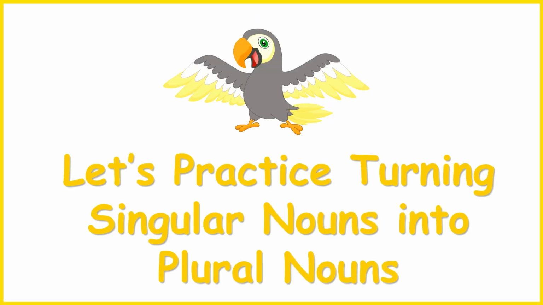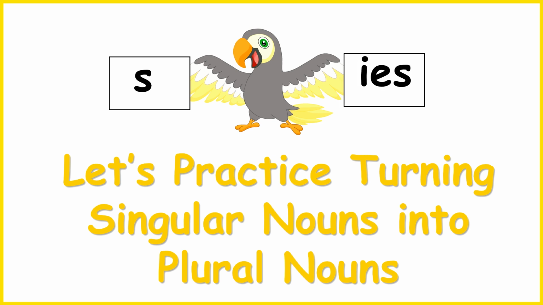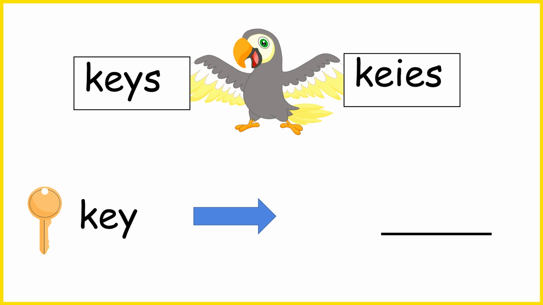Let's practice turning singular nouns into plural nouns. Should I add an S or should I change the Y to I and add ES? If I want to turn key into keys, should I add an S or should I change the Y to I and add ES?